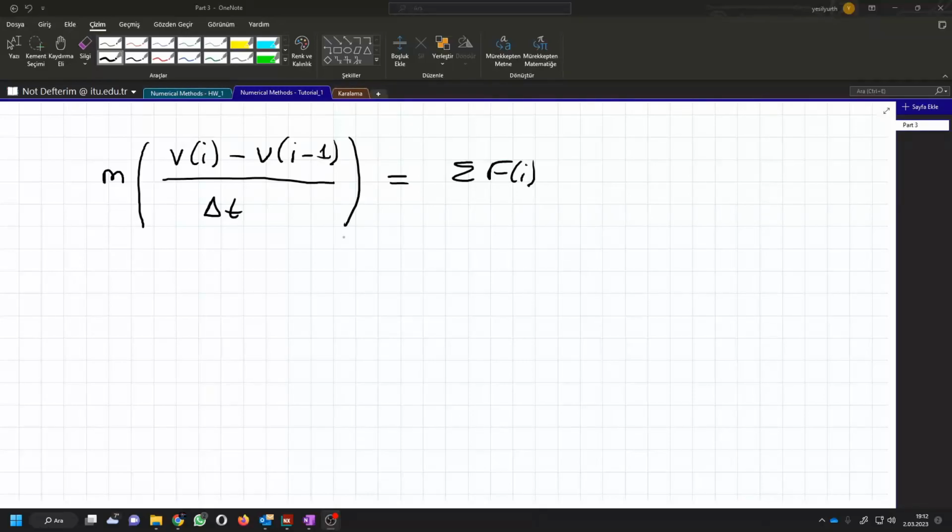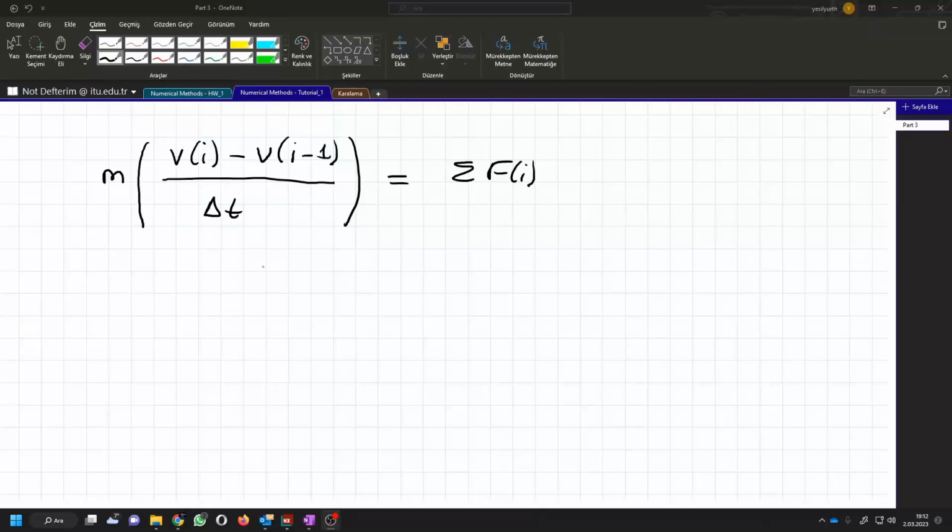So another way, if I express this equation in another way, I can calculate my present state variable Vi this time using the present dynamics, sigma Fi, and the current value of my state variable. So I'm choosing my first expression here.